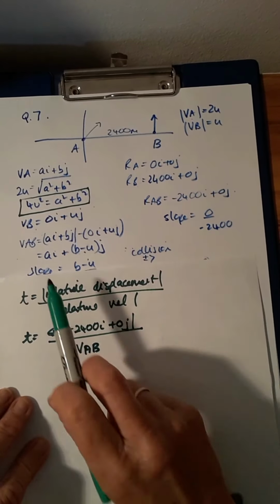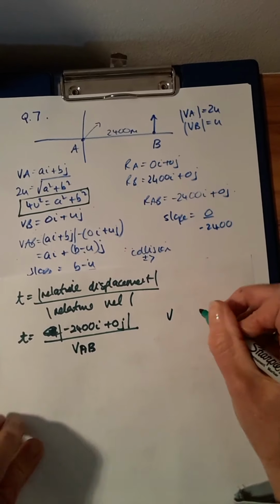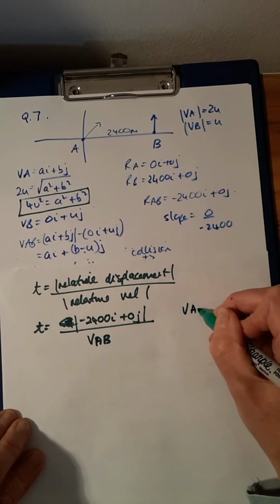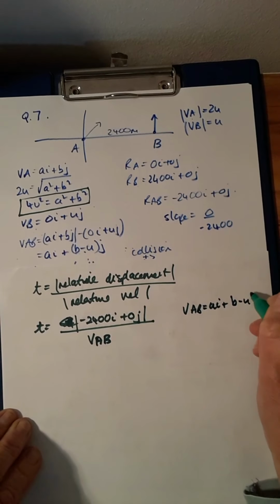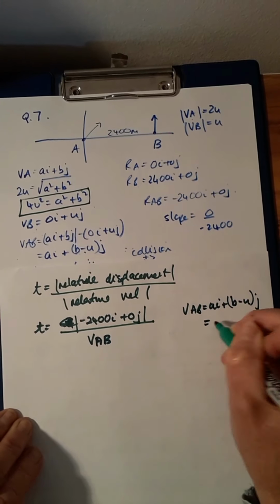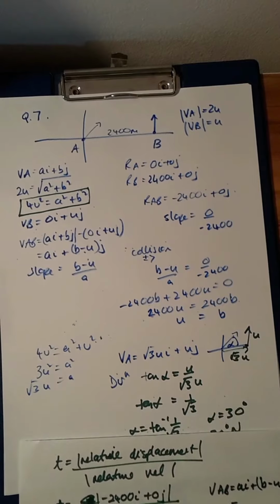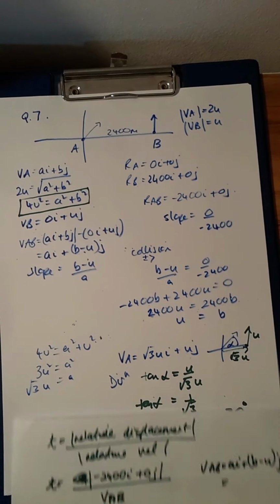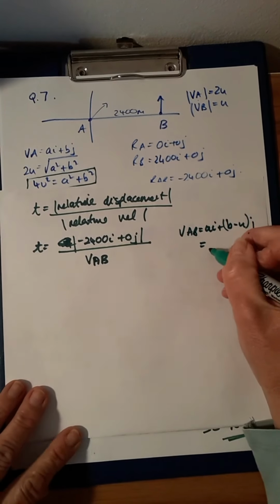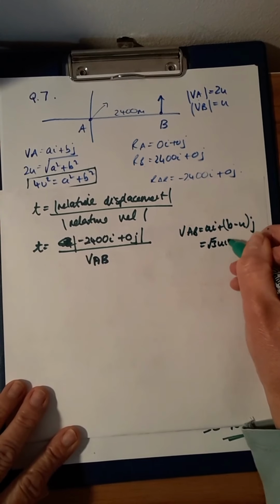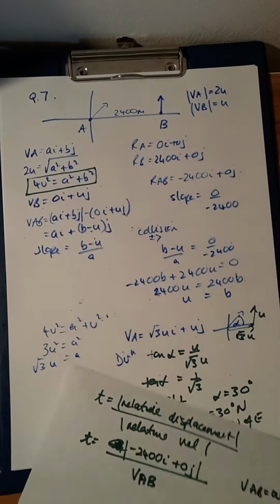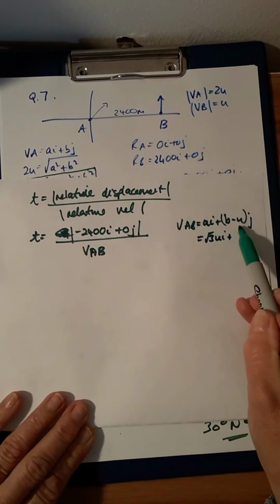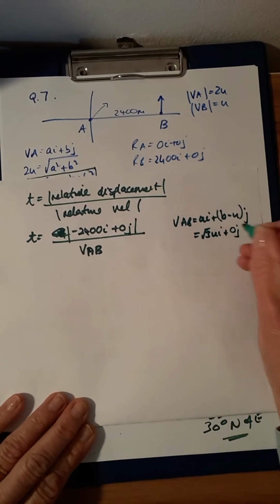Okay, so my VAB is this fella here. So VAB is equal to ai plus b minus u on the j. Now a I already know, I found that, and it was root 3u. So this becomes root 3u in the i plus b I found to be u. So this is then u minus u, which of course is 0j.